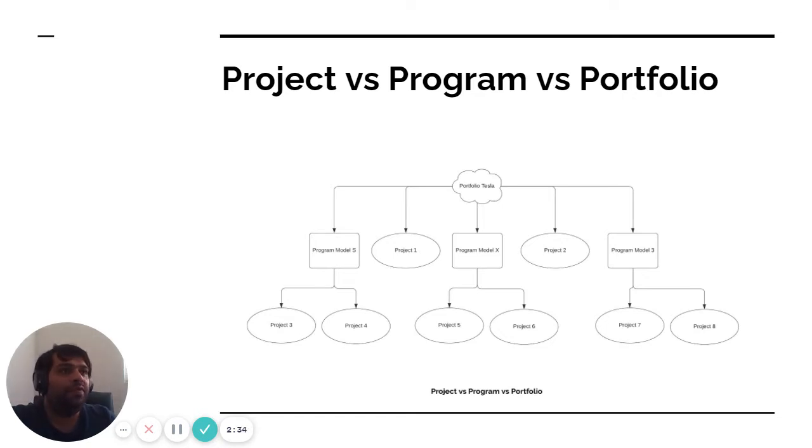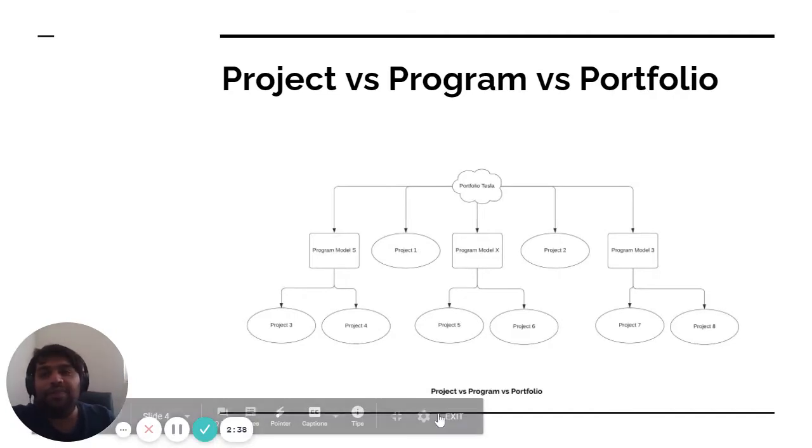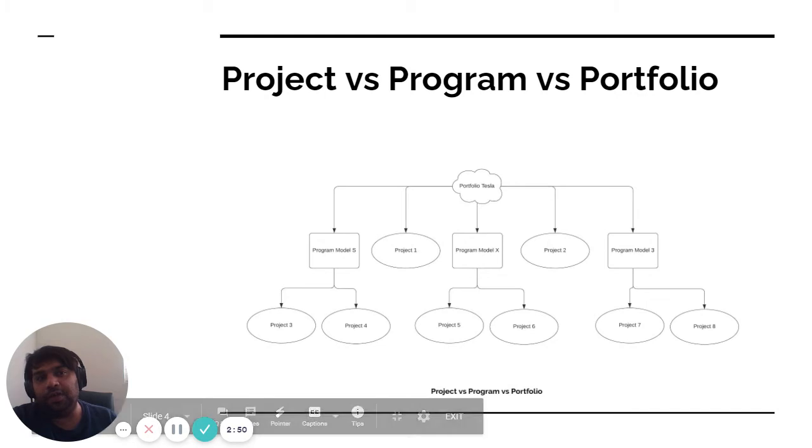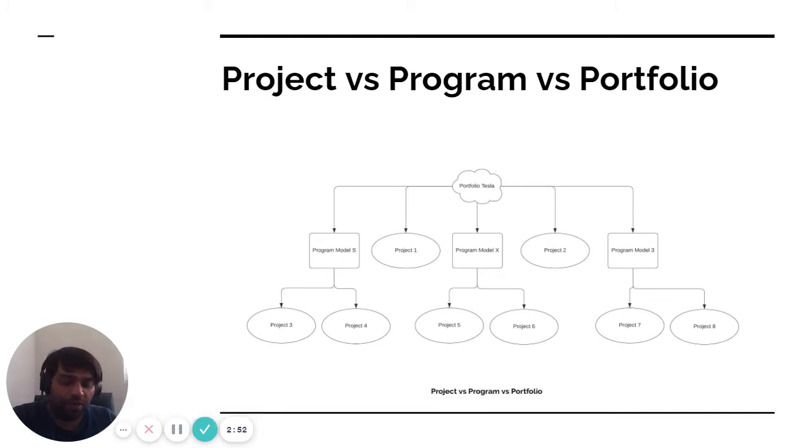What the product is, what the service is, everything would be part of it, right? So portfolio is the company's portfolio. It represents a combination of programs or projects. It is the granddaddy of everything that's going on within a company.